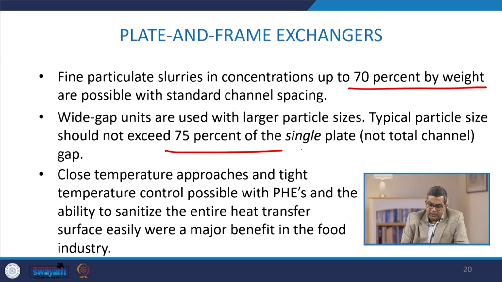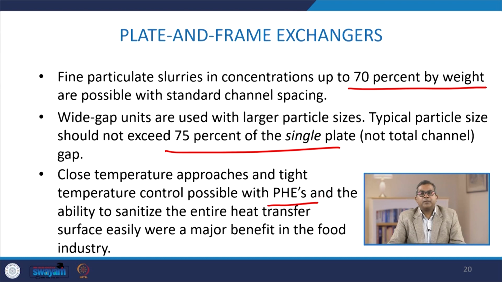Now typical particle size should not exceed 75% of the single plate gap. Close temperature approaches and the tight temperature control possible with plate heat exchangers, and the ability to sanitize the entire heat transfer surface easily, are a major benefit in the food industry.